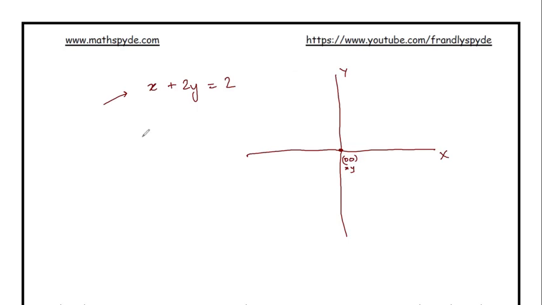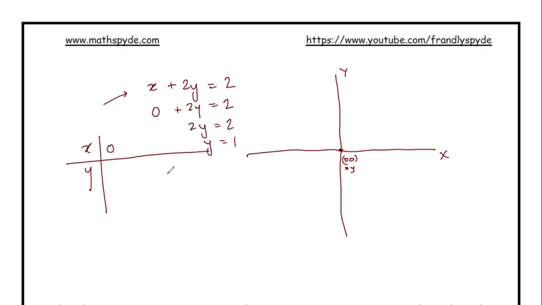Now, how do I know that? Because if I plug in x as 0, then 0 plus 2y is equal to 2 gives me 2y equal to 2 and y equal to 1.